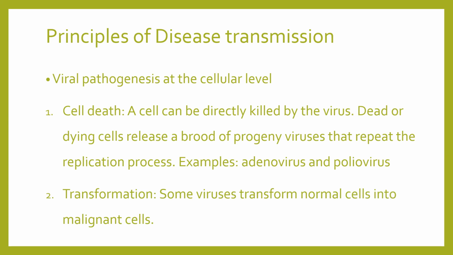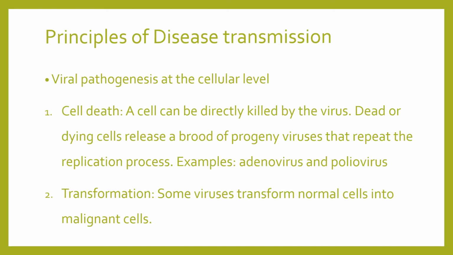A virus can also, other than killing the cell, transform the cell into malignant cells. They transform formerly normal cells. They tweak them into forming a malignant type of cell.